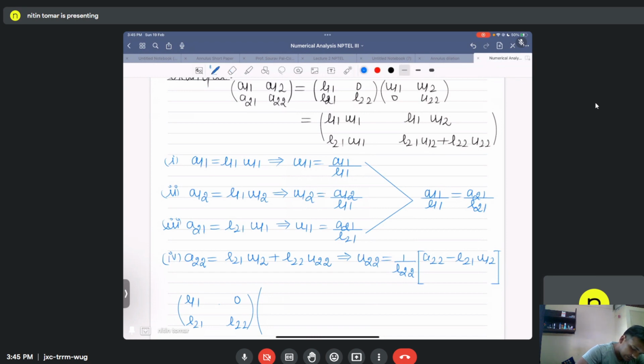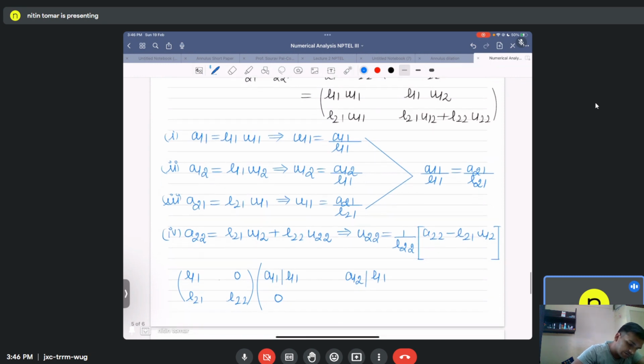U12 is A12 by L11, then 0. And what is U22? It is A22 times 1 upon L22.